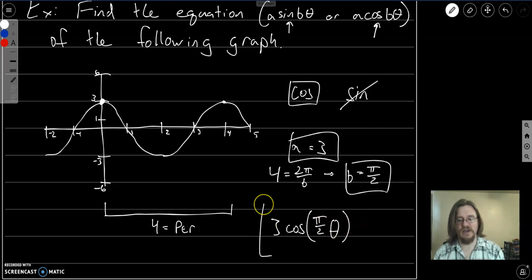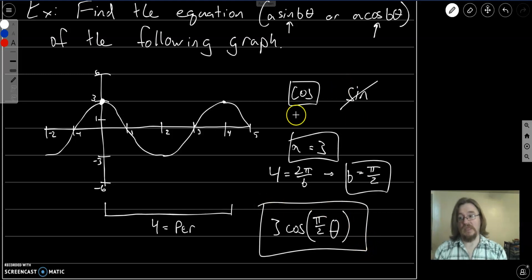So this is our function. It's fairly straightforward. Just identify, if we're looking at a sine or cosine, the amplitude, which will be our value for a, and identify the period, which helps us find what b is.